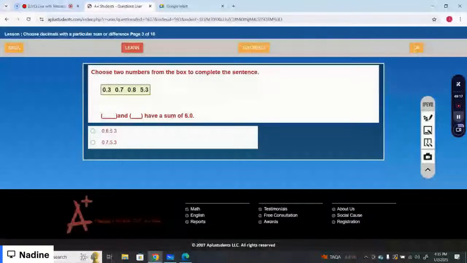Choose two numbers from the box to complete the addition sentence. Which two numbers have the sum of 6.0? So which is the correct option?